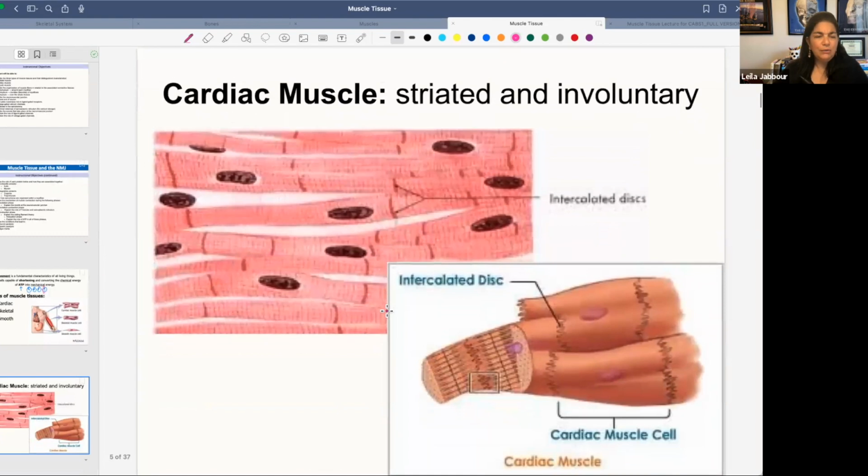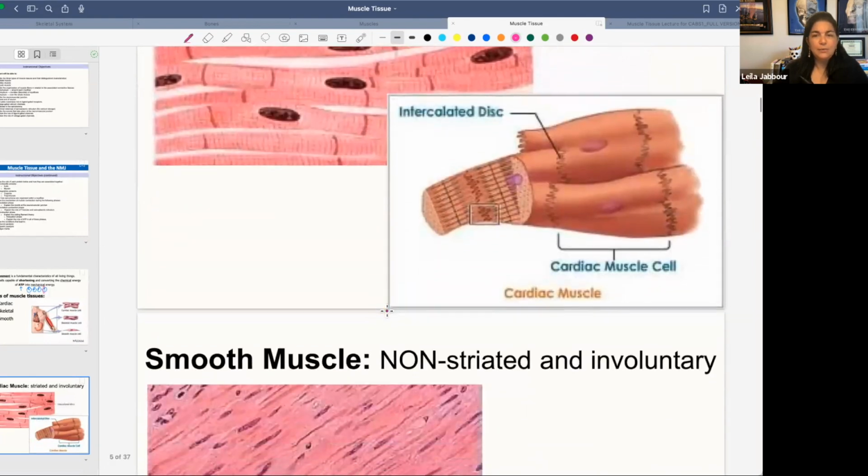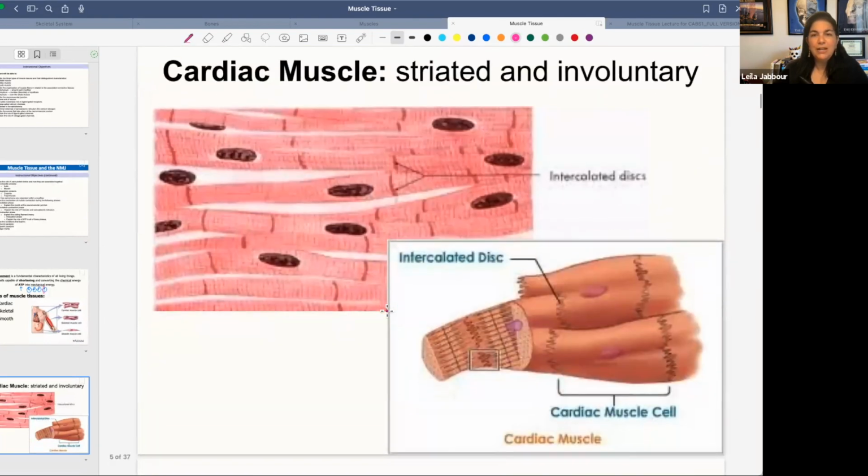So there's one slide on each muscle type, and this lecture on the physiology of contraction is mainly about the skeletal muscle tissue. So I suggest creating a little table comparing the three tissue types, unless you already have created something like that.